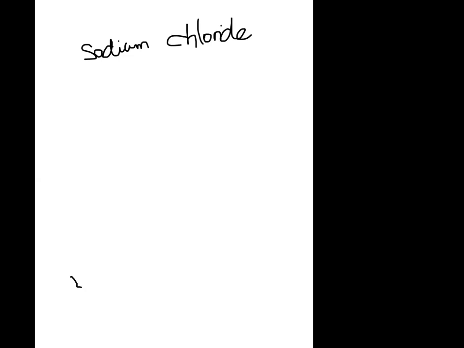So we're going to write the formula for sodium chloride. It says that we are to write the symbol of the ion. So in our table we wrote earlier, what is the symbol for the sodium ion? Na+. Na+, the ion.